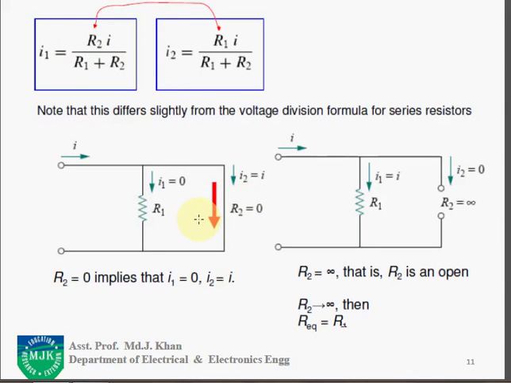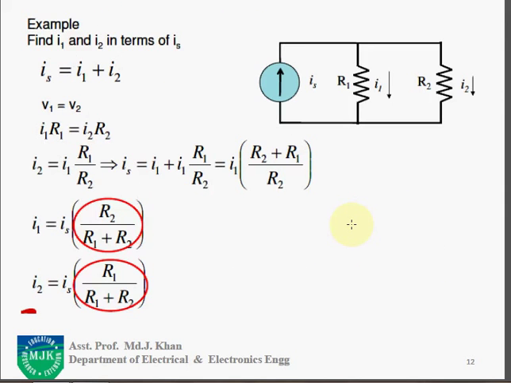Similarly we can find it in terms of the source current. For example, if I have to find I1 and I2 in terms of IS, IS is equal to I1 plus I2. Since the voltage is equal across both branches, the voltage across this branch is equal to the voltage across the other.